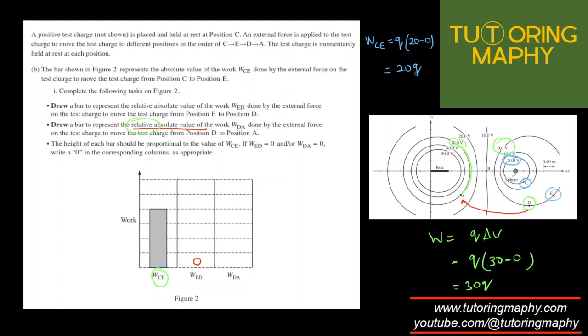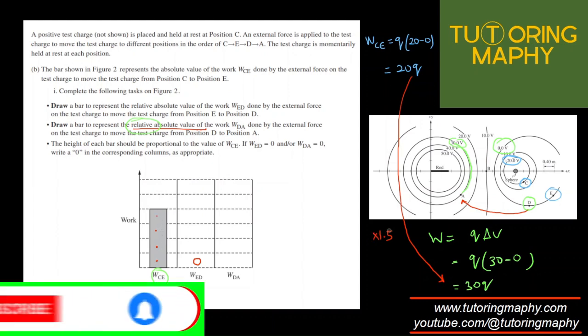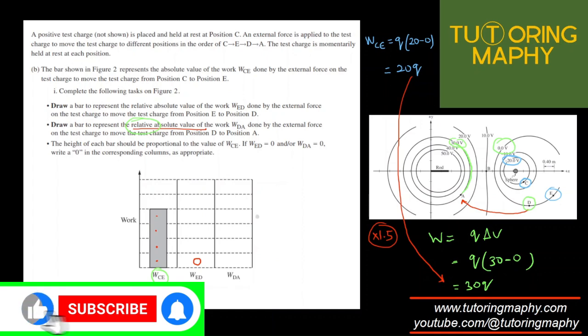So what is the relationship between 20Q and 30Q? Obviously, this is 1.5 times. So the first bar covers 1, 2, 3, 4 blocks, and 4 multiplied by 1.5 is 6.